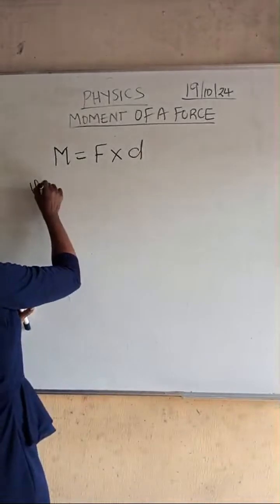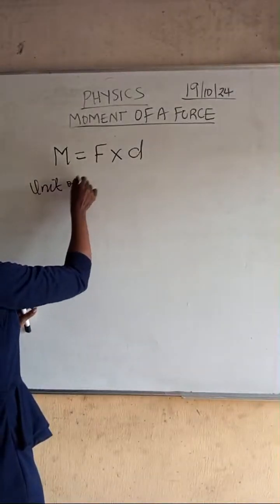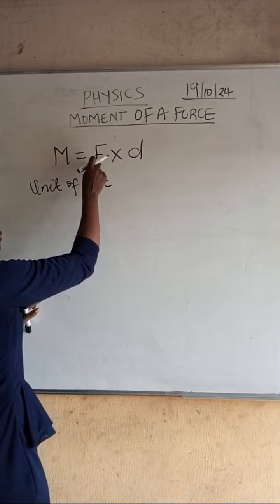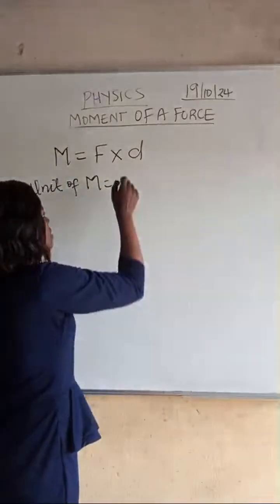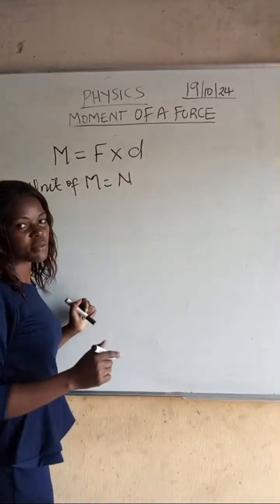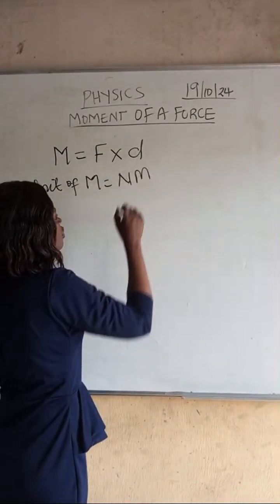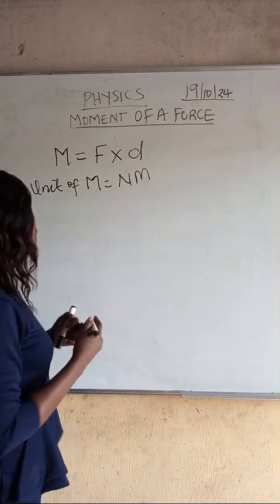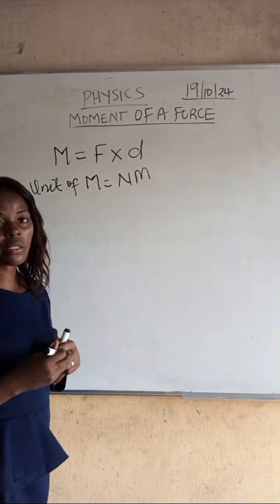First, force is measured in newtons, so that is my N. Then distance is measured in meters, so I have M. So the unit of moment is Newton meter.